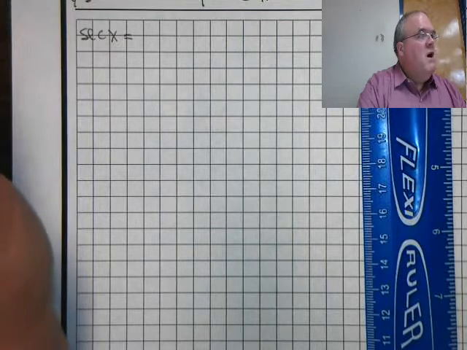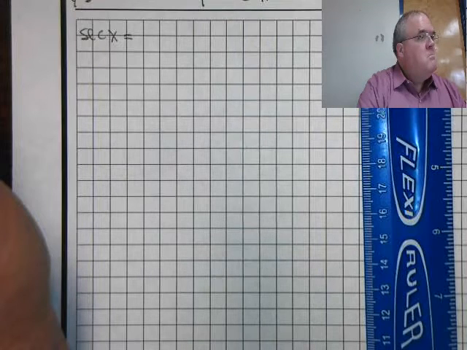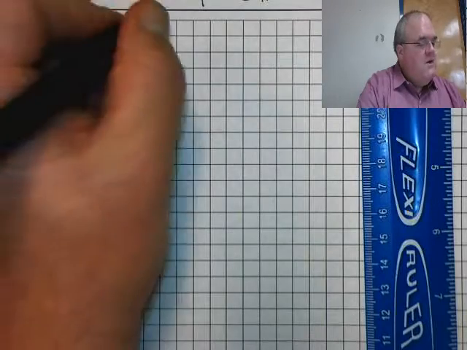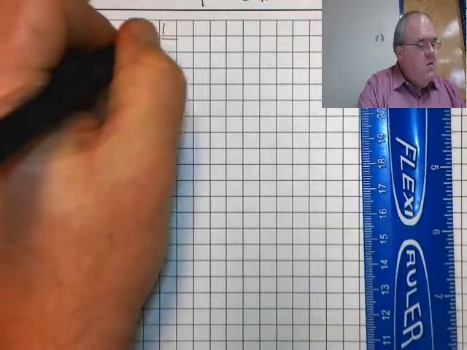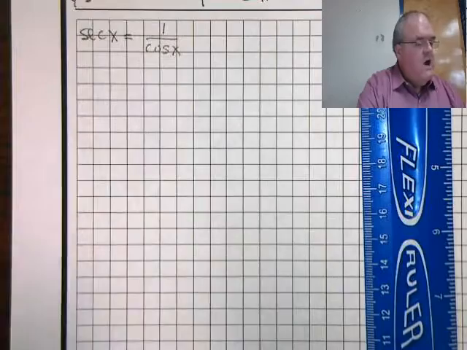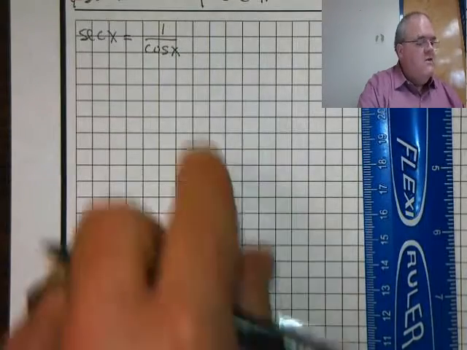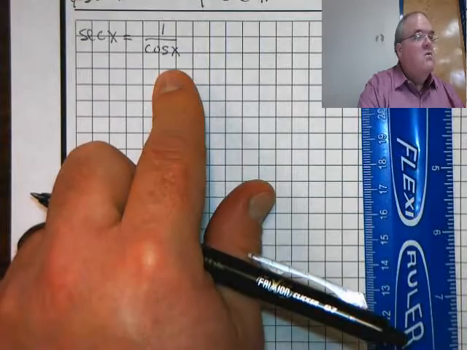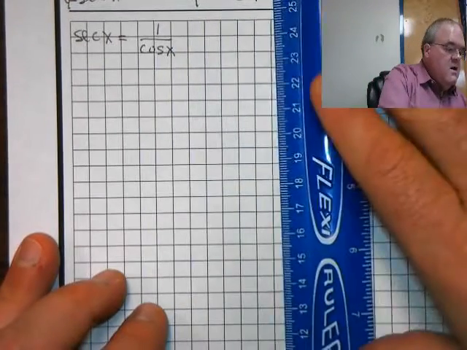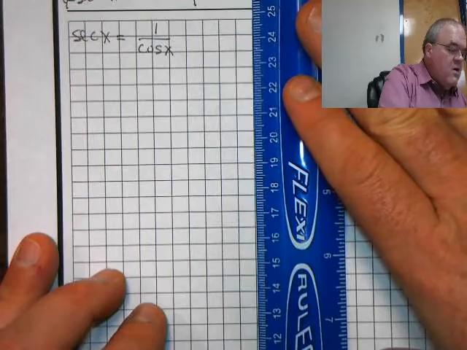If I'm looking at my other trig functions, what is secant? Secant is 1 over cosine x. So when we're looking at secant, we need to realize that we are going to be using the cosine curve.